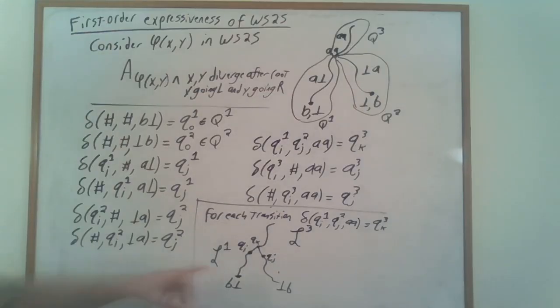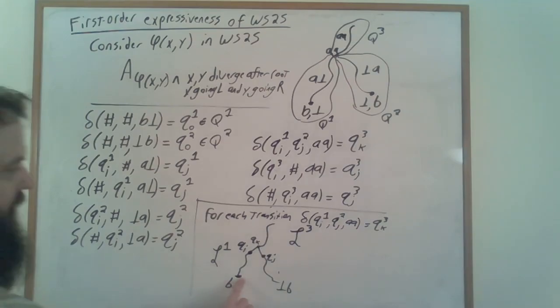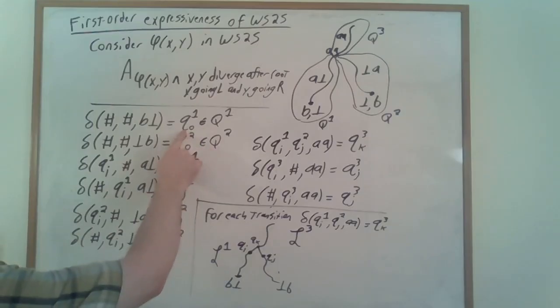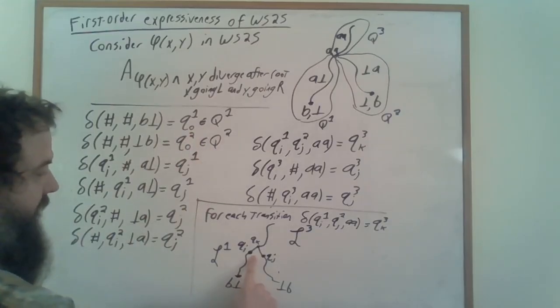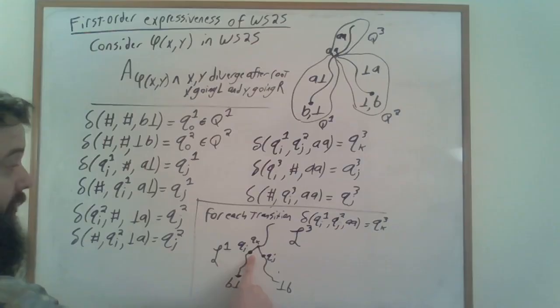So I'm going to call that regular language L1. Oh, and again, I should clarify about the start states and the finish states. The start state of this automaton should be this start state here, and the final state should only be Qi.